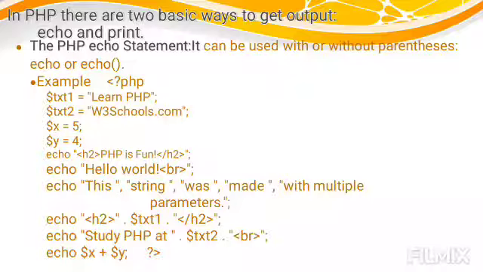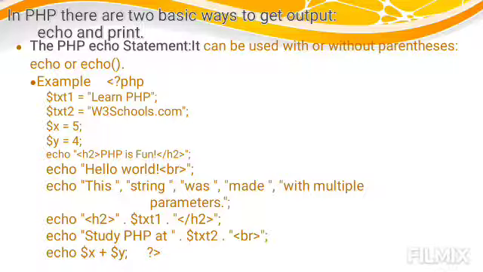PHP has two printout options. If you want to print something on your screen or document area, we can use two types of statements, echo and print. We will discuss these two statements. The echo statement is used to print something on your document area.